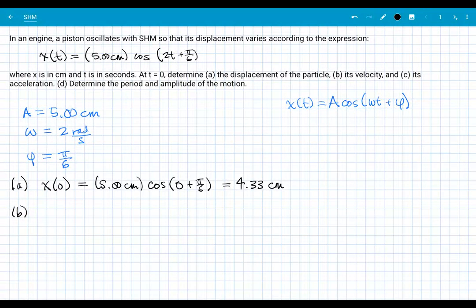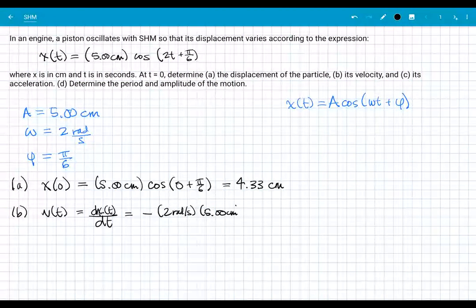In general, it's just going to be the first derivative of my position function. So that will be equal to negative 2 radians per second times 5 centimeters times the sine of (2t plus pi over 6).